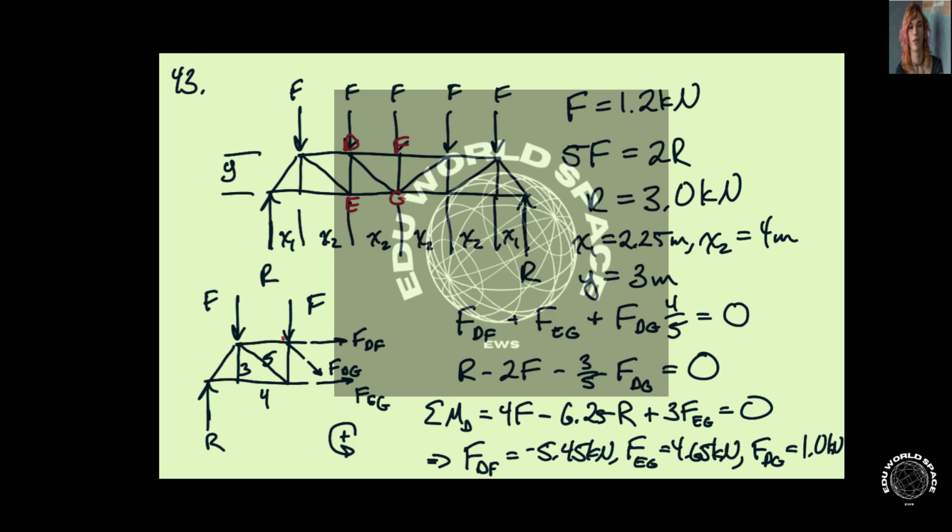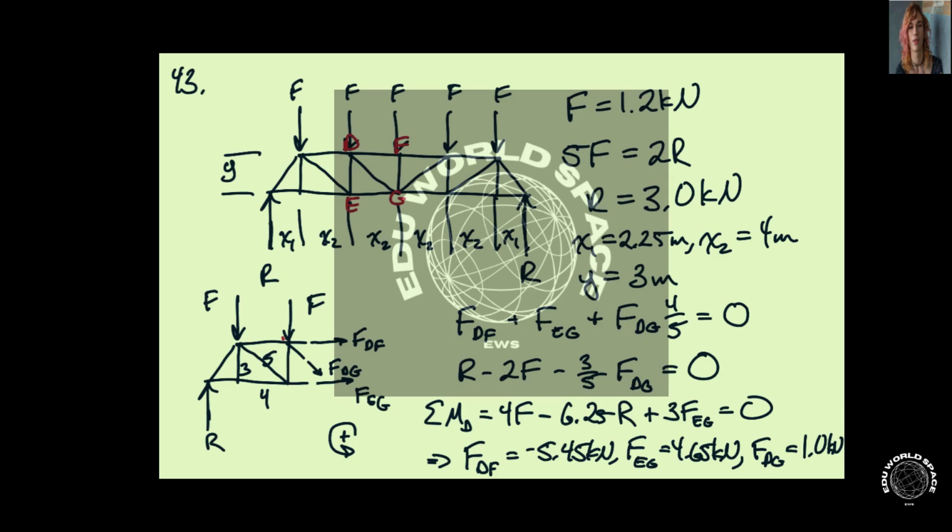The moment arm is this length here, which is 6.25 meters, so we get minus 6.25 times R. And then this distance here is 3 meters, so we get minus 3 FEG.